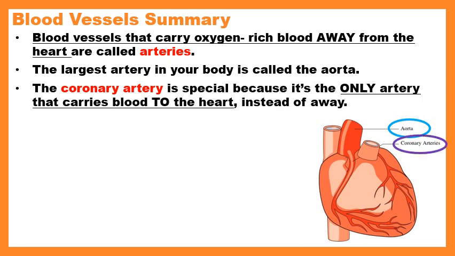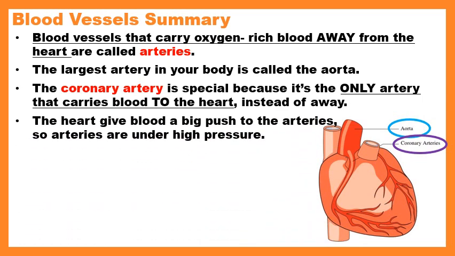So that's a really special artery because it does the opposite of what arteries usually do. Okay, so again, I mentioned the artery, especially the aorta, it's going to get a really, really big push from the heart. So the heart's going to contract and relax and really push that blood through the arteries. And as a result, the arteries are at high pressure because they get that big old push from the heart.